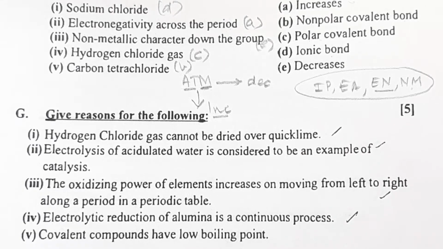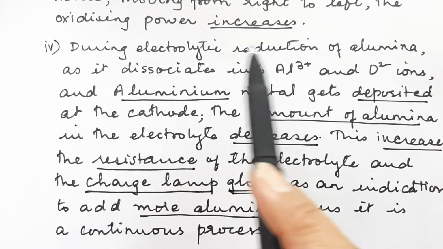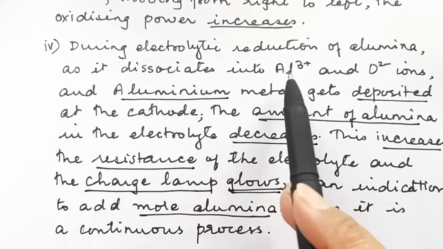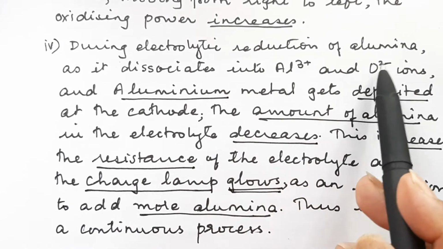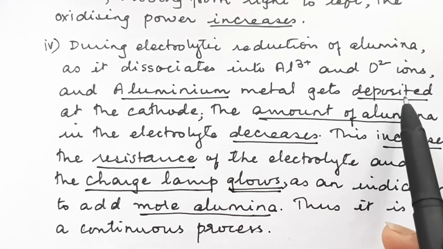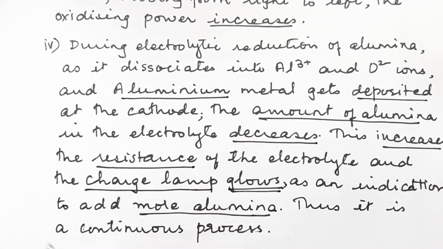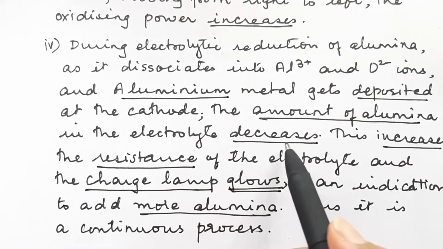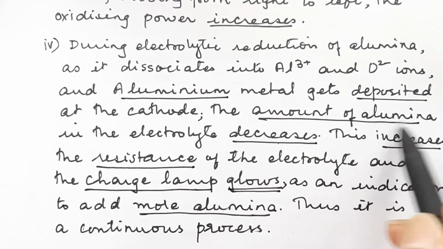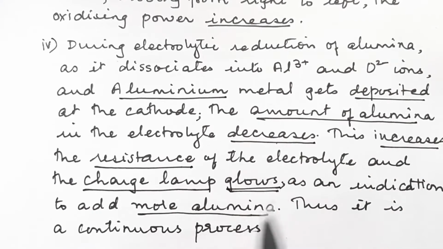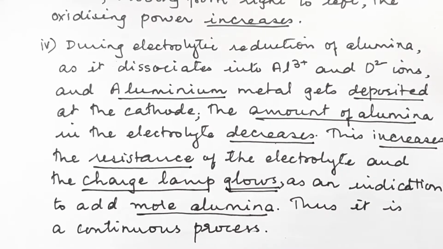So we will write just that. During electrolytic reduction of alumina, as it dissociates into Al3+ and O2- ions and aluminium gets deposited as a metal at the cathode, the amount of alumina in the electrolyte decreases. Obviously, alumina has dissociated, so the amount of alumina in the electrolyte has become less.